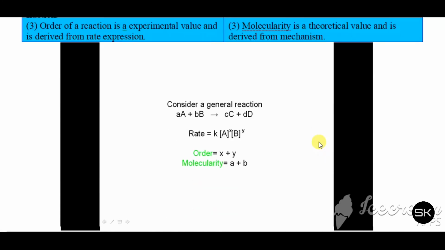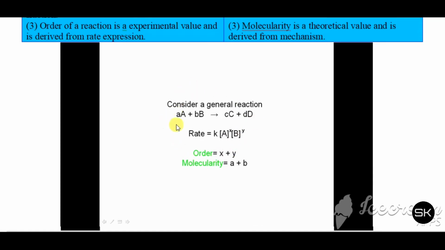Let us consider a general chemical reaction: aA plus bB gives cC plus dD. Here the rate of the reaction is k [A]^x [B]^y.